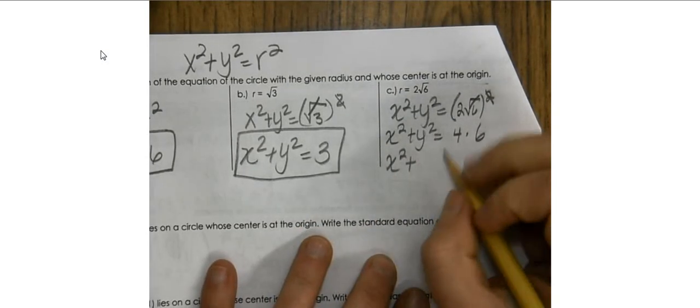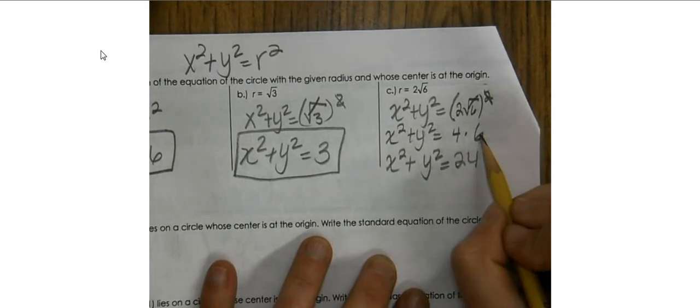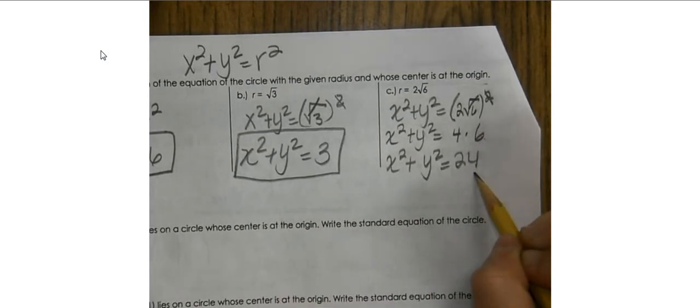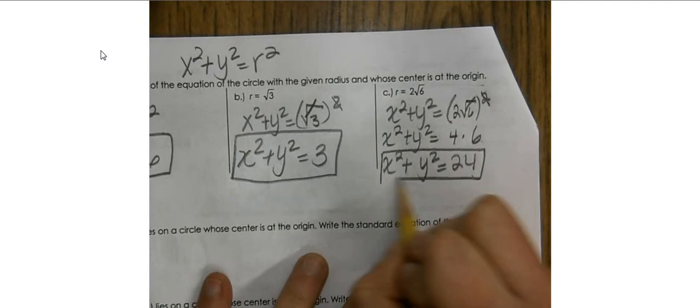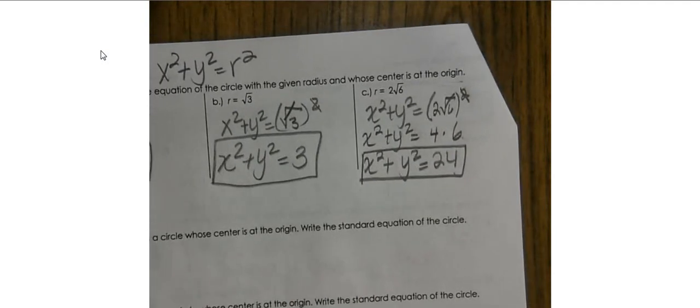So I have x squared plus y squared equals 24. You do not have to write this step. If you can go straight to 24, that is perfectly fine with me. So that is how you write the equation of a circle given the origin being your center and a given radius. So now we have 4 more examples, and then we are finished for today.